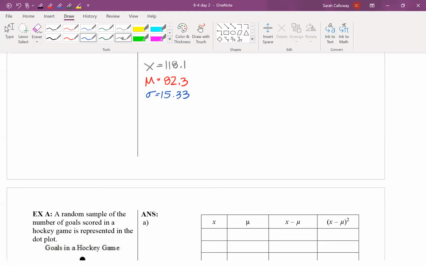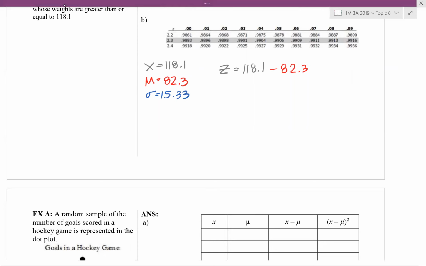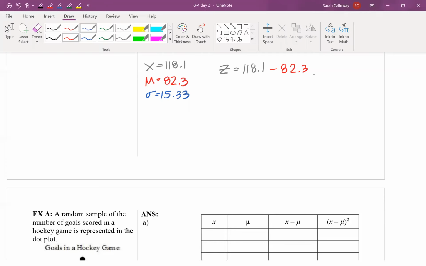So if I'm calculating the z-score, I'm taking 118.1, subtracting 82.3, and dividing by 15.33.